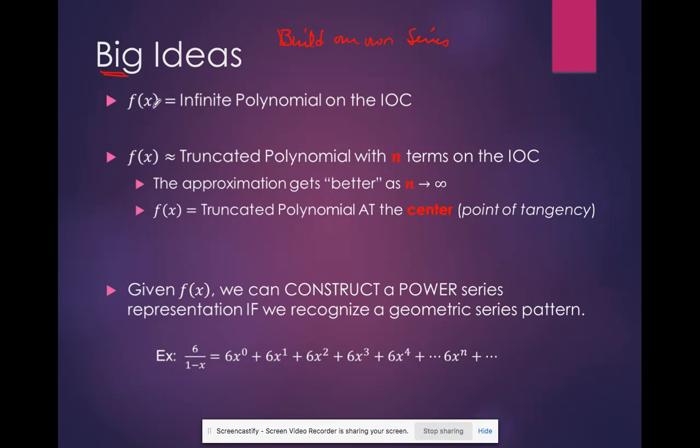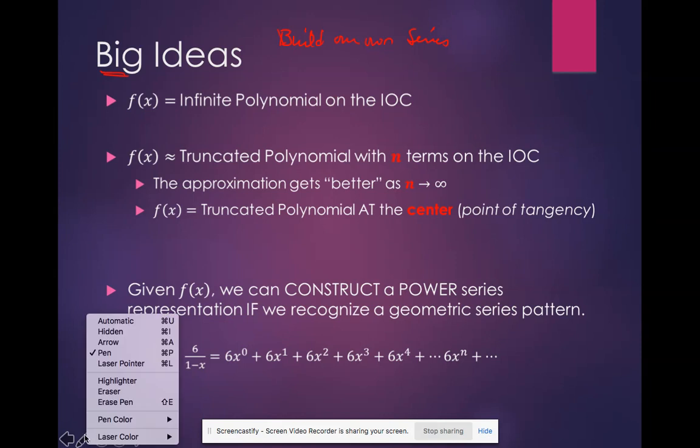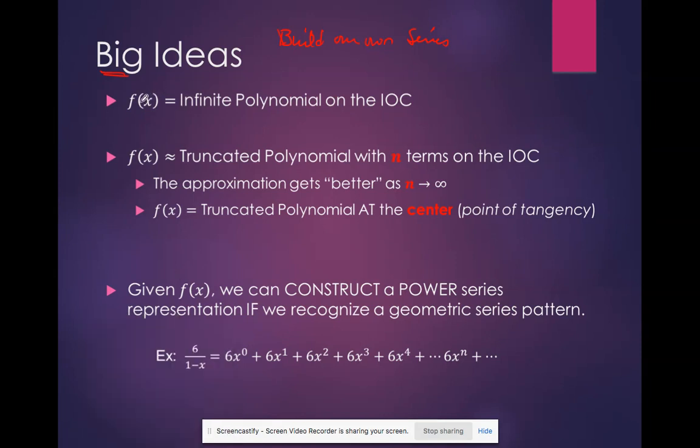So remember, we have a function f of x so far. Call it whatever you want. And we have a function that is actually equal to the infinite polynomial on an interval of convergence.